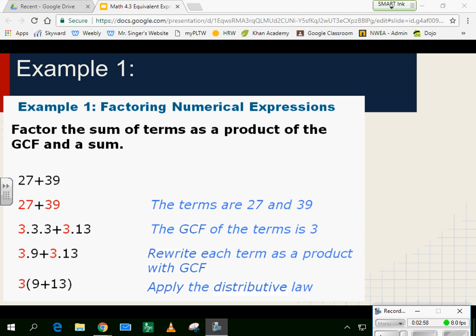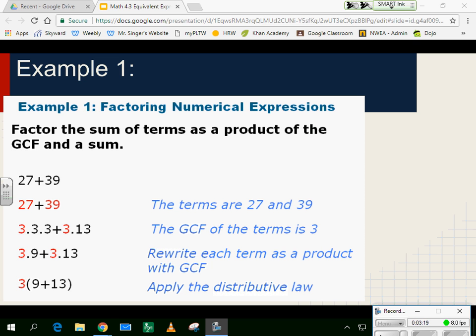So first, if we look at this, we see 27 plus 39. If we were told to pull the greatest common factor out of these 2 numbers, I used prime factorization. I broke 27 down into 3 times 3 times 3, or at least the factor tree did, and 39 was broken down into 3 and 13.